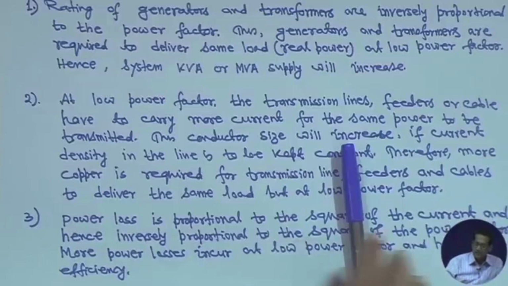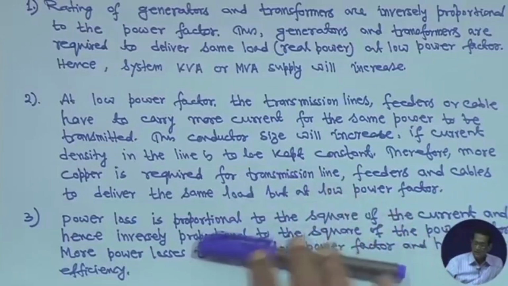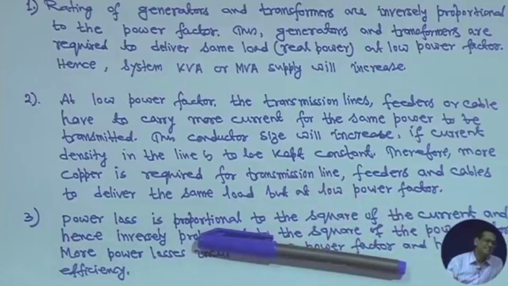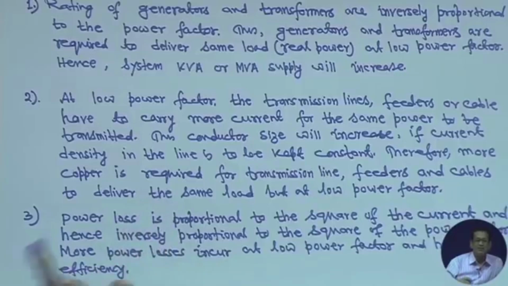Therefore, the conductor size will increase, and you need more volume of copper, whether conductors are ACSR or others, for the same load to be transmitted. Therefore, poor power factor has a lot of disadvantages.